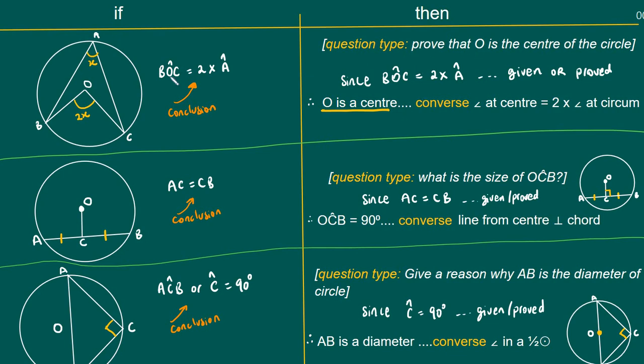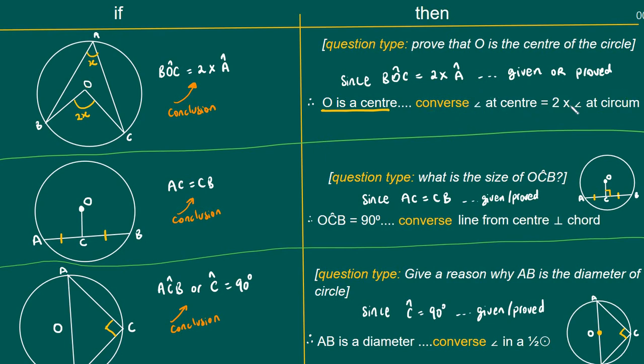A question will be like, prove that O is a center of a circle, given that BOC is 2 times angle A. Your job will be to say, since BOC is already twice angle A, then O must be a what? A center. Then you just add the word converse before you say the theorem.